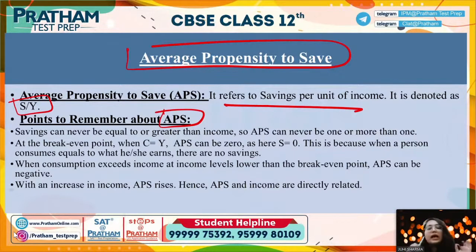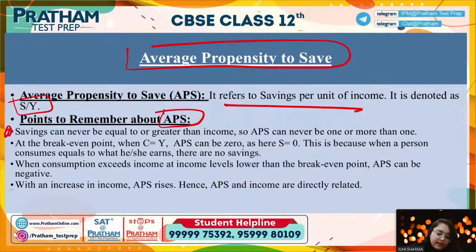Number one point is कि savings जो आपका है वो कभी भी income के equal नहीं हो सकता. Let's say if somebody is earning 5 lakh rupees per year, annual income अगर 5 lakh है, so it is not possible to save that 5, right? So savings can never ever be equal or greater than income. ऐसा नहीं अगर 5 लाख का income आ रहा है तो वो 6 लाख 7 लाख 8 लाख save कर रहे हैं, right?